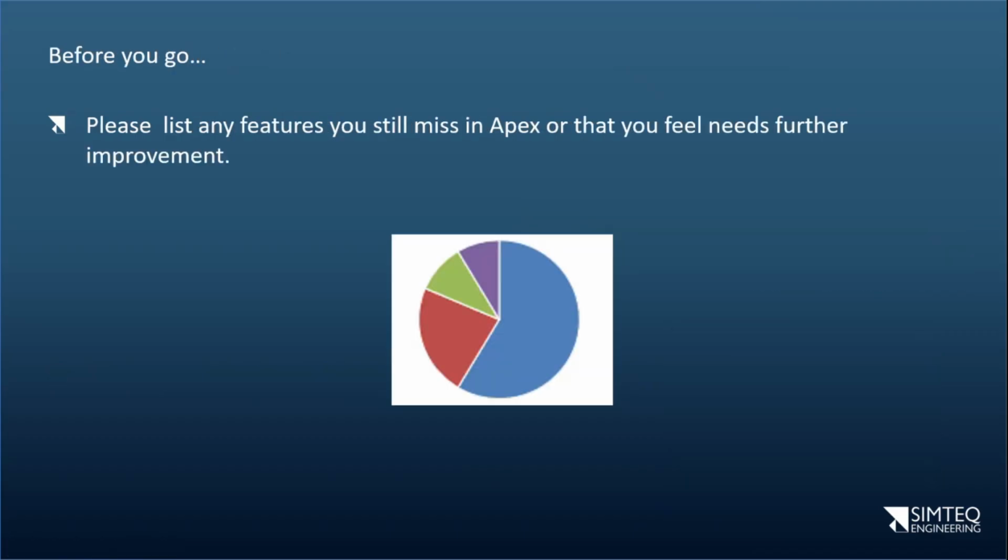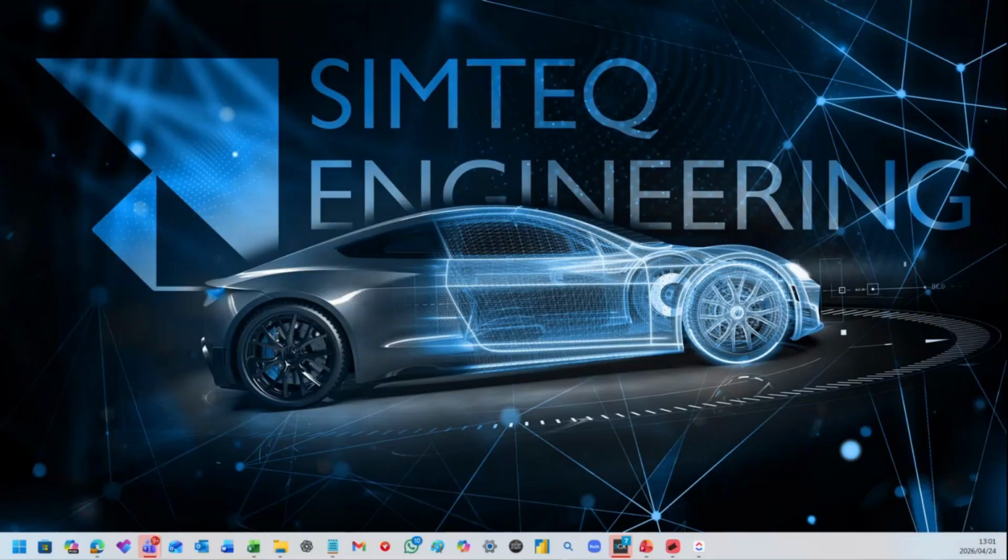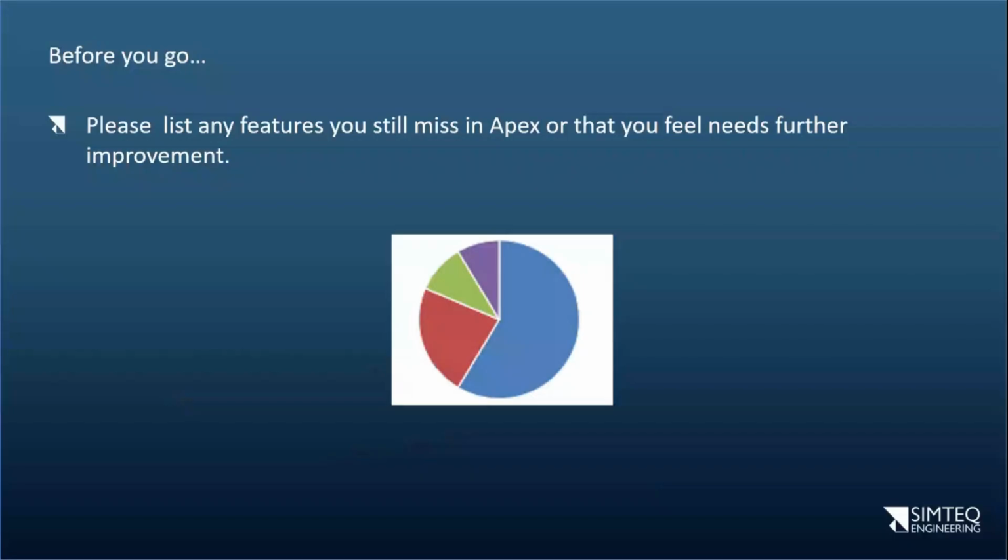And then a last poll before we finish off. I'd really appreciate it if you can give us some idea of any features that you still miss. So I'm launching this poll at the moment. Just give it a second. There we go.